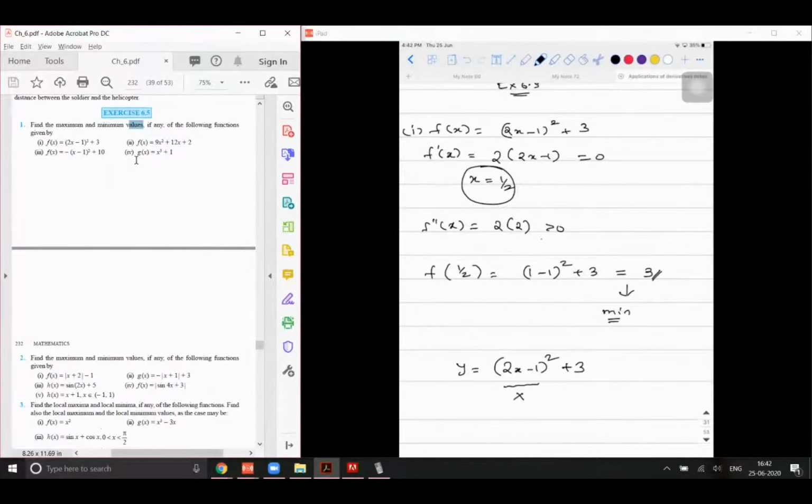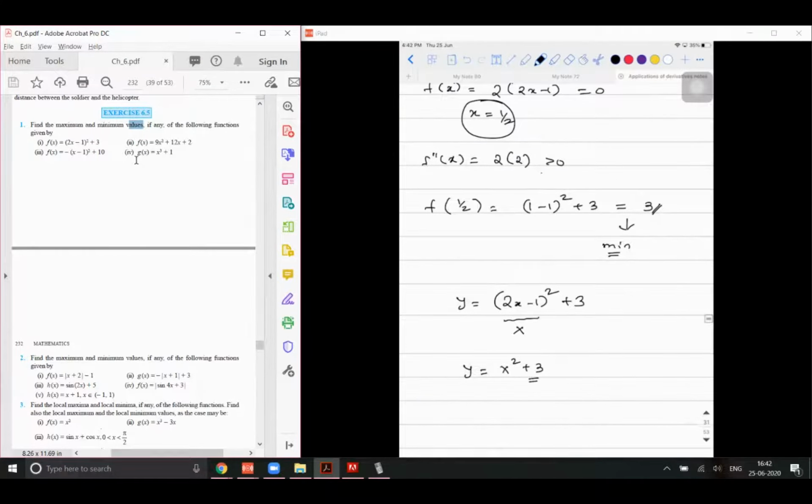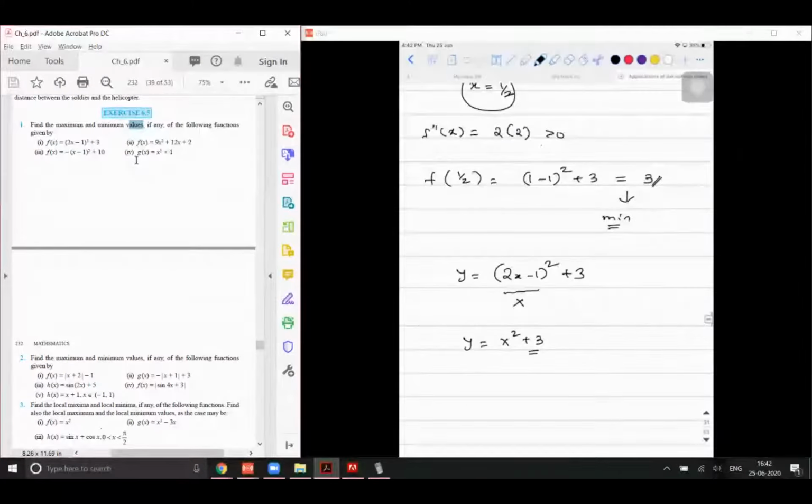If I take this 2x minus 1 as capital X, then it appears like y is equal to capital X square plus 3. What does this represent? It represents an upward parabola shifted 3 units. If you look at the graph itself, you know it is decreasing and increasing, so this will be the least value possible, and that is what you got. Is it clear?